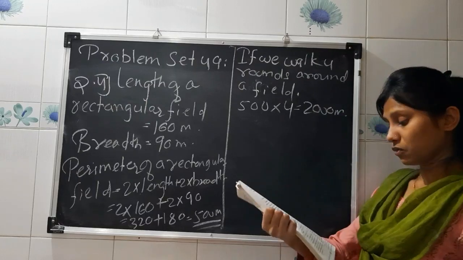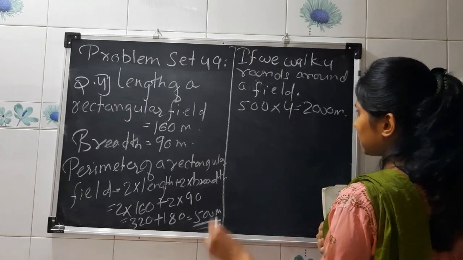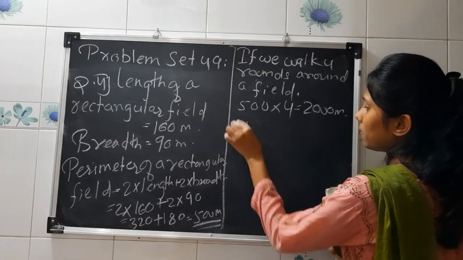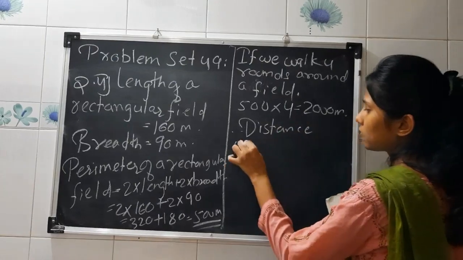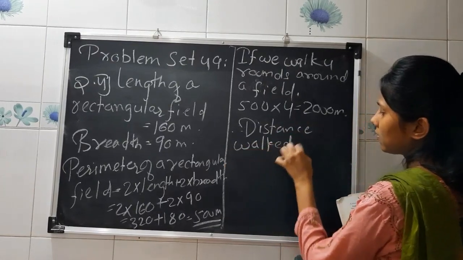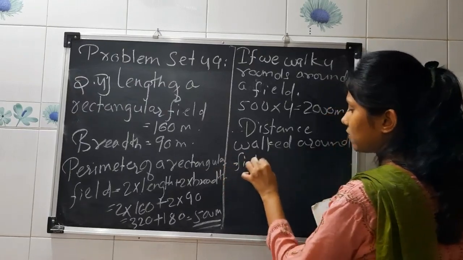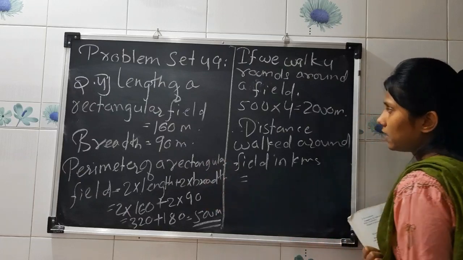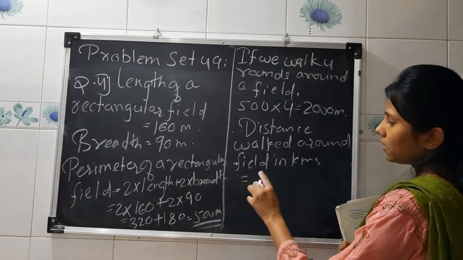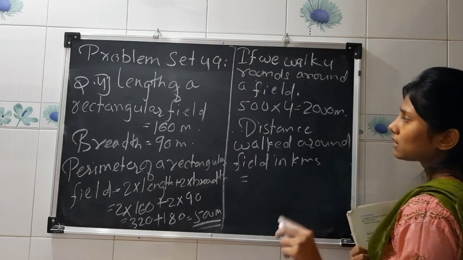But they have asked you the distance in kilometers, the distance walked in kilometers. Okay, so therefore distance walked around field in kilometers is, you know that 1 kilometer is equal to 1000 meters.